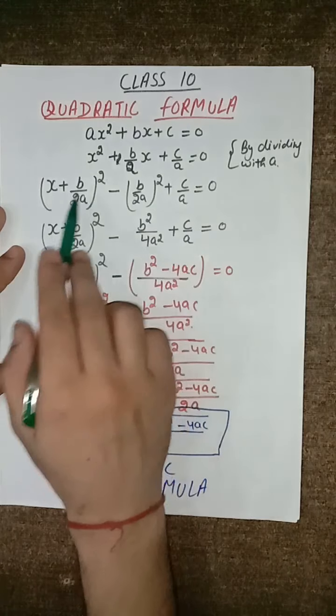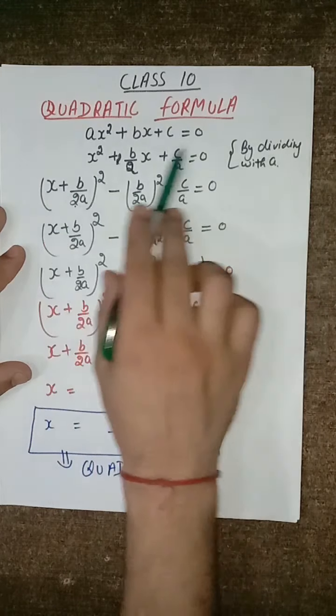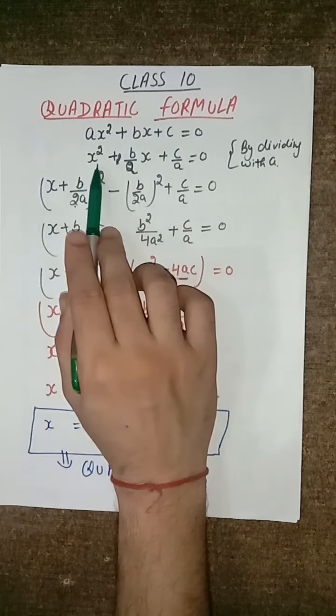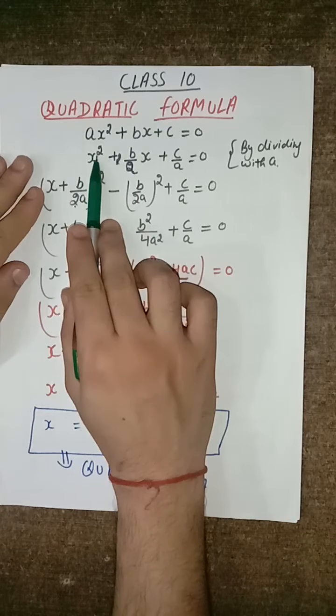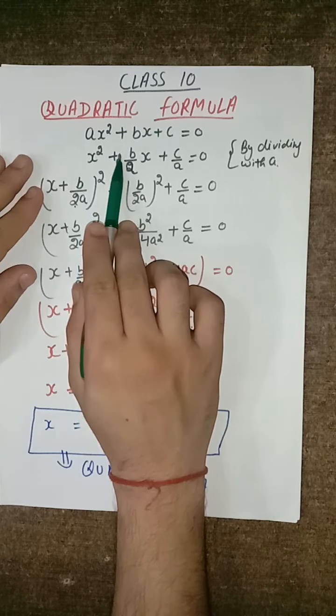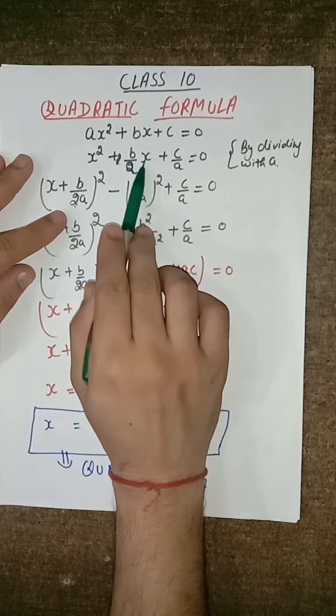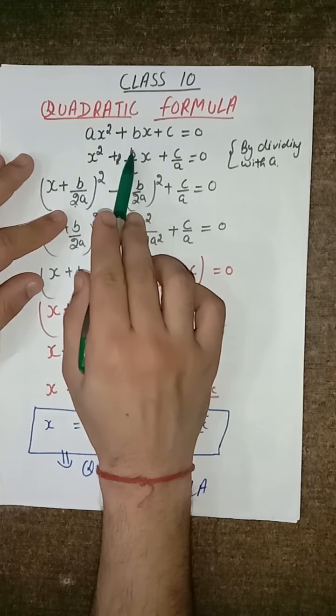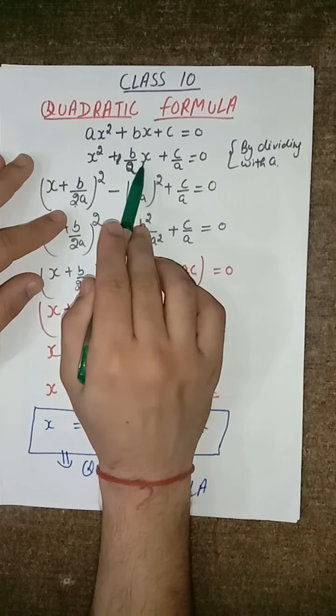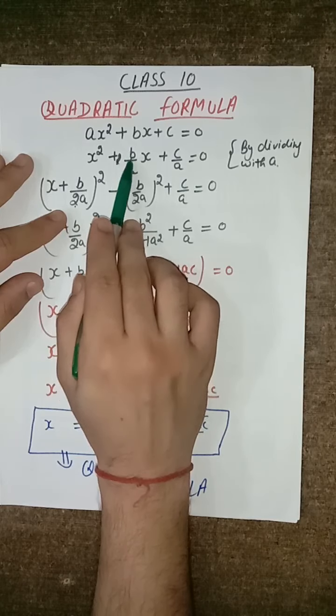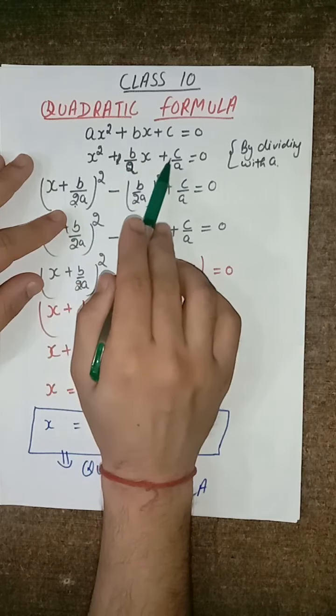And now to complete the square, this will become x square plus 2 times b divided by 2a x plus c divided by a.